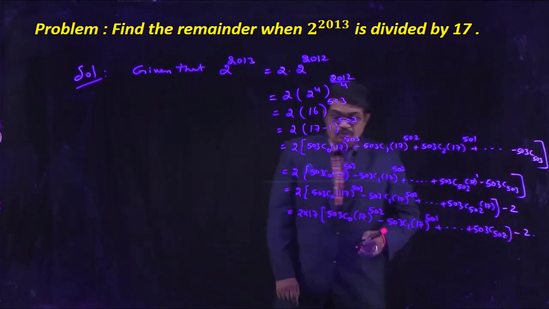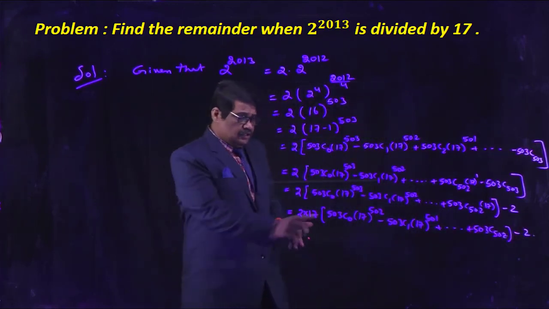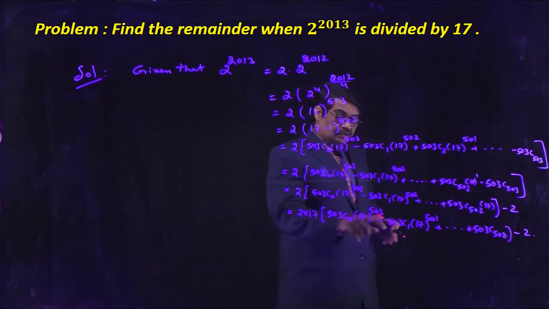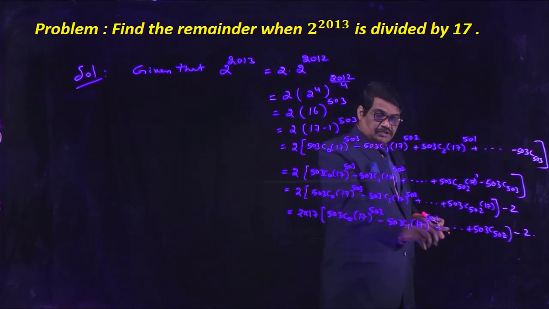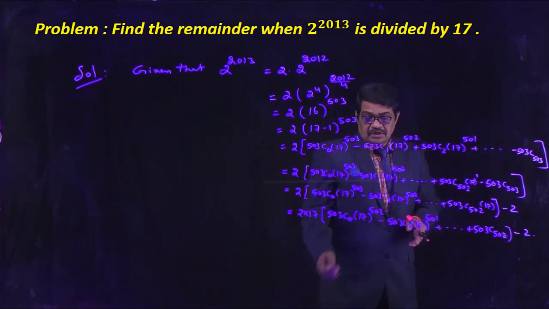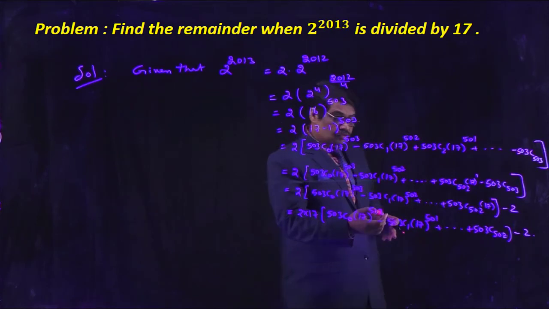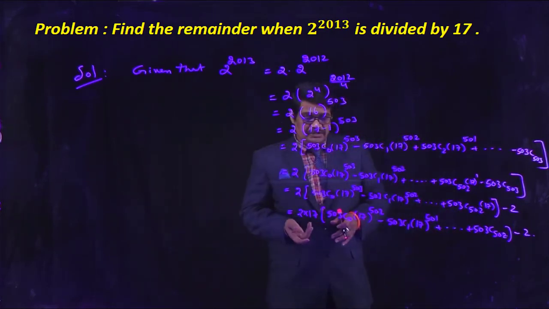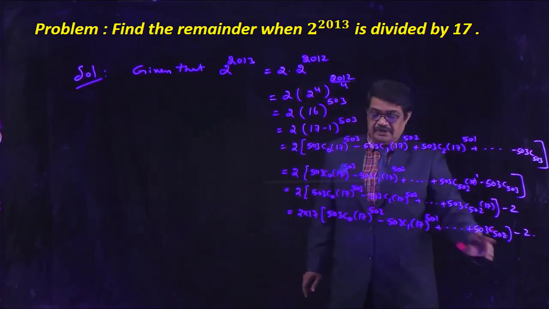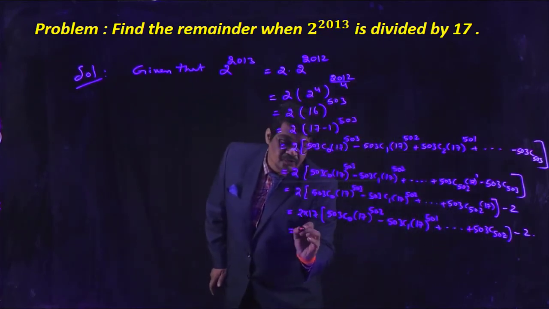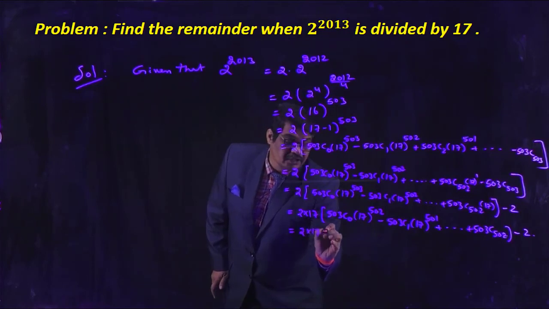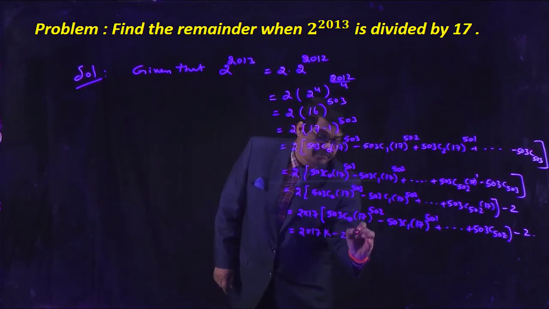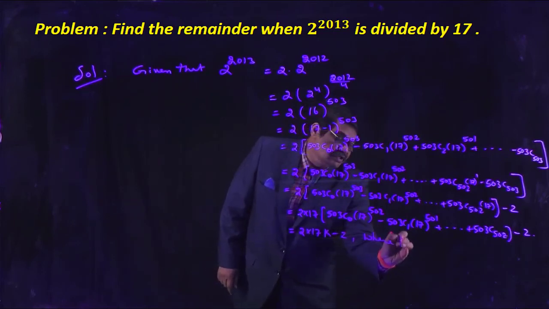These are the binomial coefficients 503 c naught, 503 c1 and so on, and 17 to the power of 502 and 17 to the power of 501. These are products and sums of integers, so it is again some integer. That can be written as 2 into 17 into some integer k, minus 2, where k is some integer.